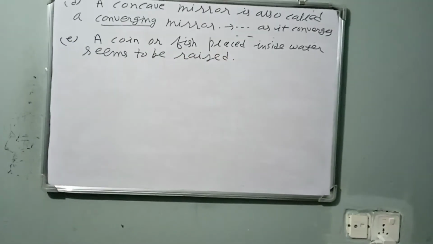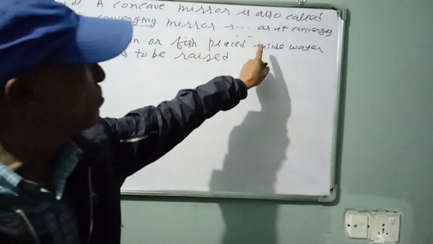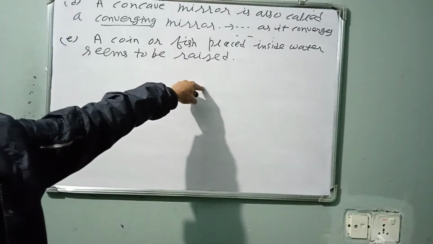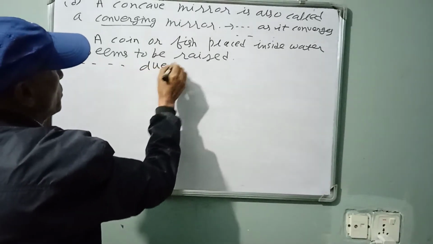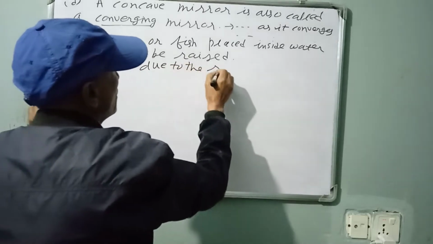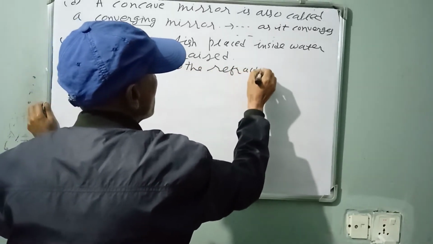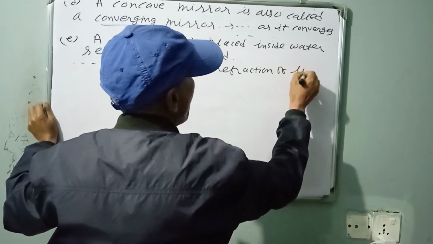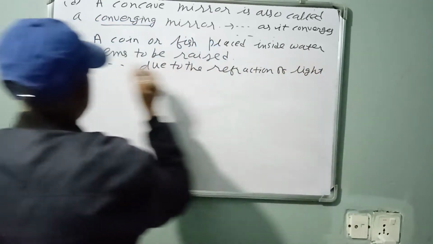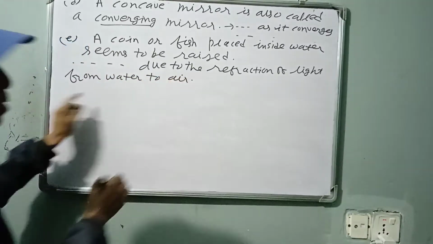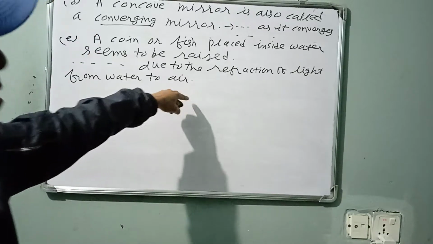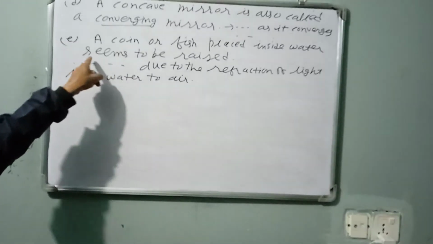The answer is, a coin or fish placed inside water seems to be raised due to the refraction of light from water to air. Here water is a denser medium, air is a rarer medium. The answer is written in this way.